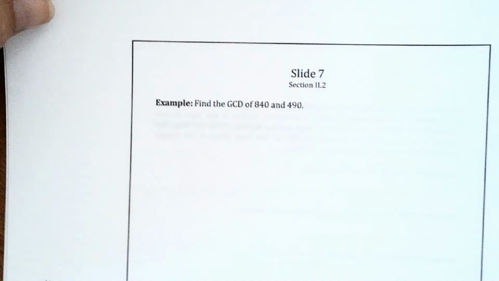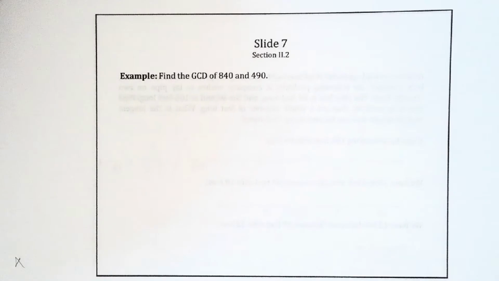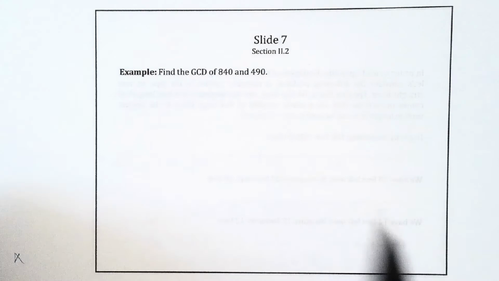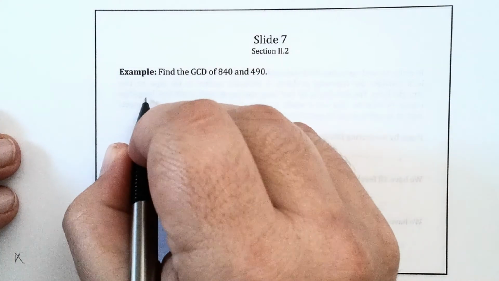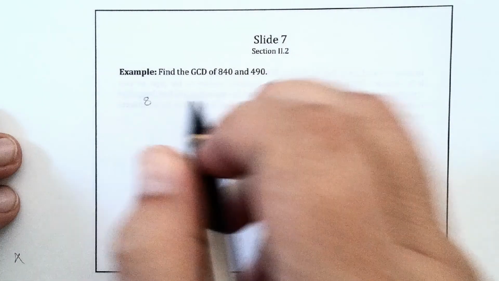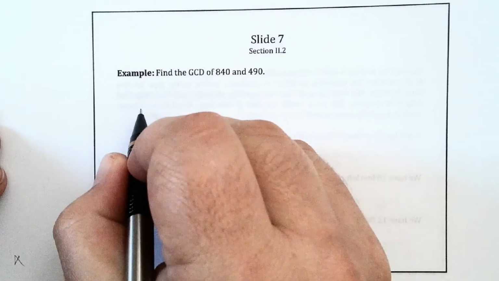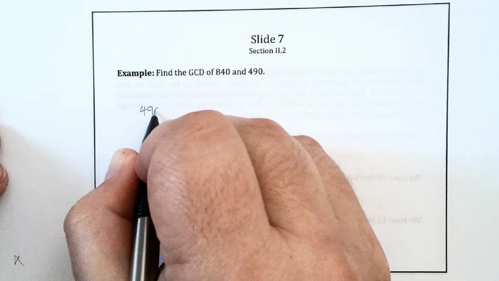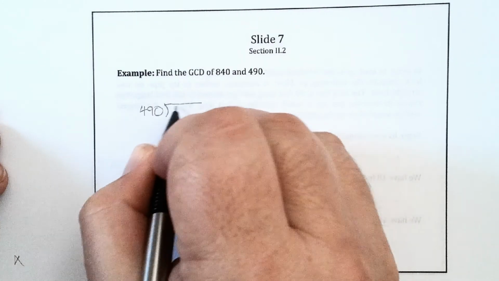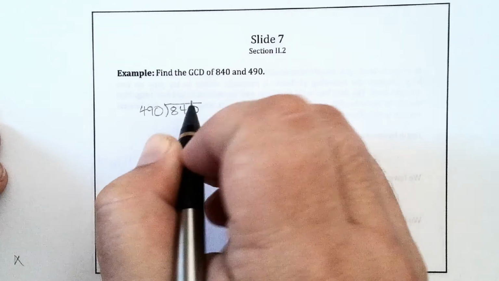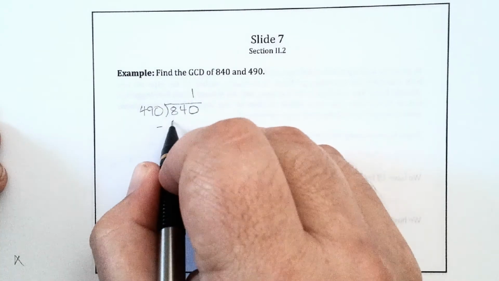Let's try this for another example. 840 and 490, which we just worked with a moment ago. So you should start by dividing the smaller number into the larger number. Okay, 490 goes into 840 once.